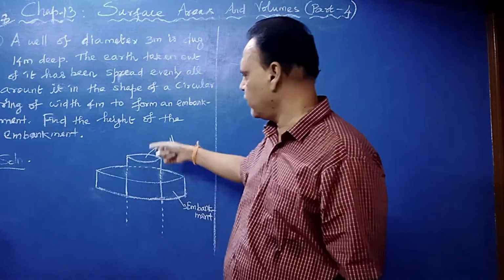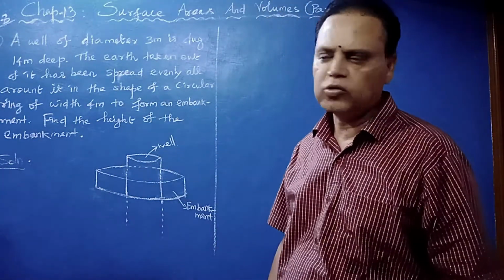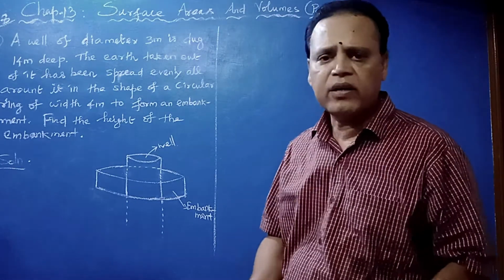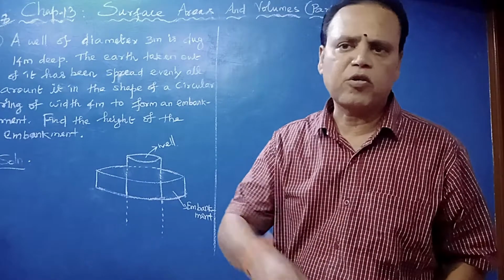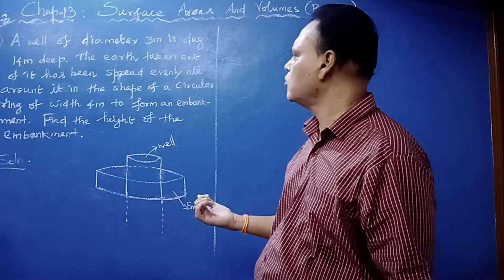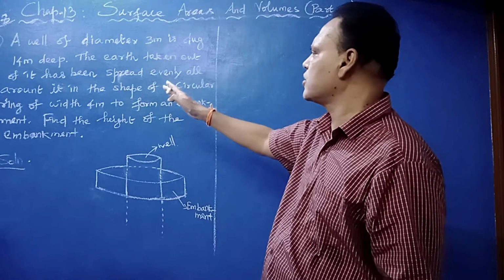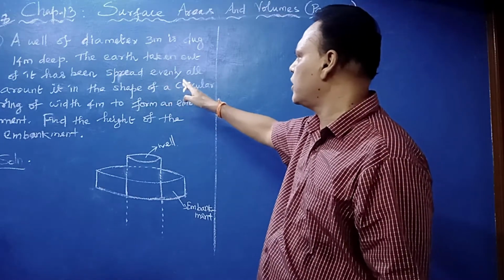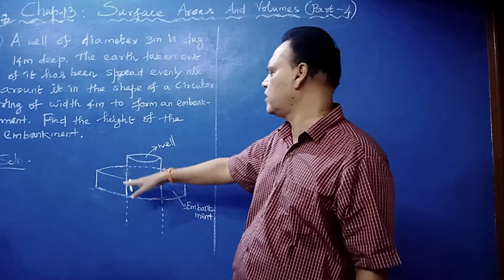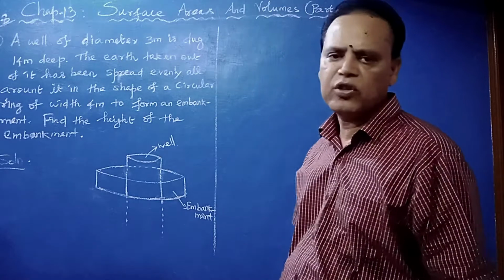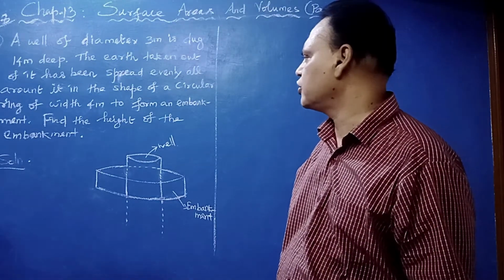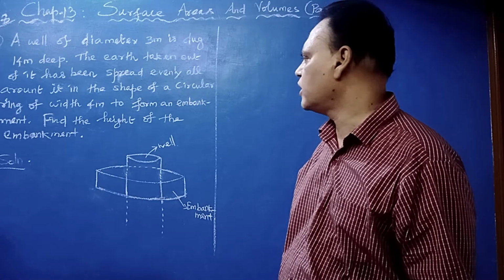One well is dug out, and the earth taken out of it has been spread evenly all round in the shape of a circular ring of width 4 meter to form an embankment. Then find the height of the embankment.